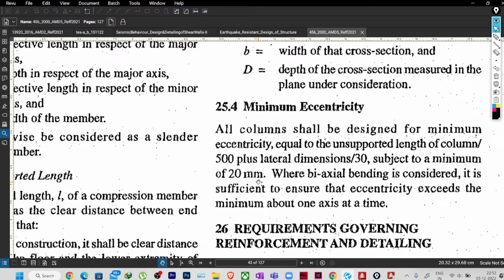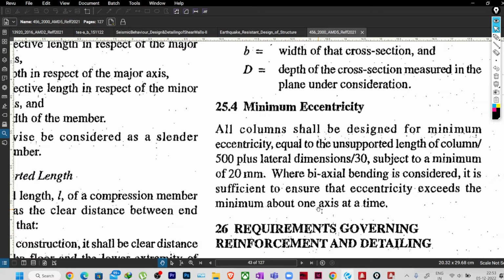Where biaxial bending is considered, it is sufficient to ensure that eccentricity exceeds the minimum about one axis at a time. So whenever we have biaxial bending, whichever is greater between the two axes, we may consider only that one value and proceed with the calculation.